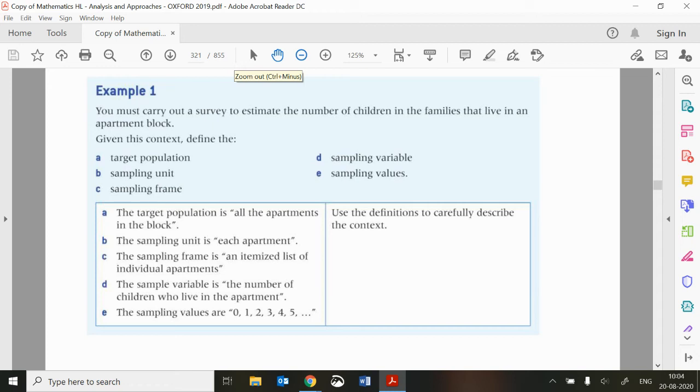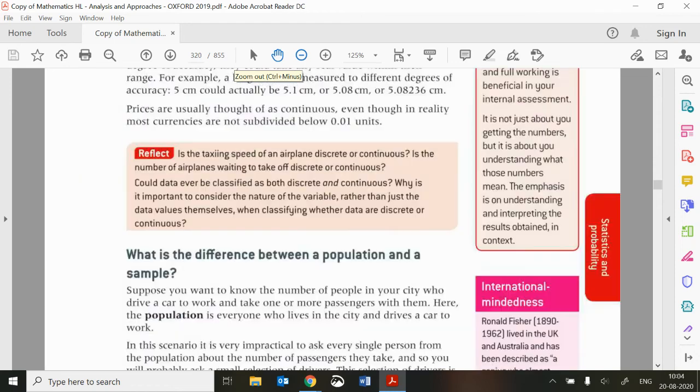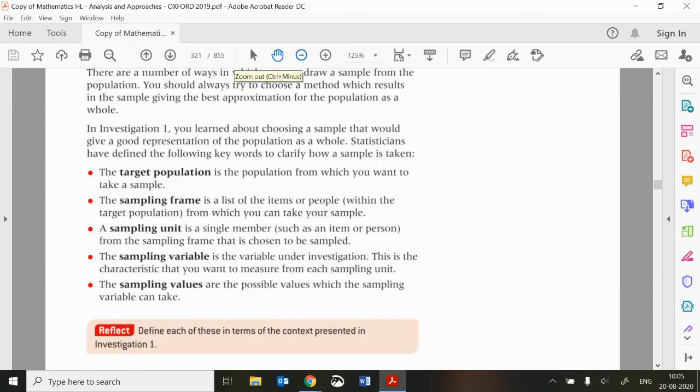That's interesting because I thought the sampling unit was defined. See what it says. Sampling unit is a single member from the sampling frame that is chosen to be sampled. Oh, well, in the definition there, it says it has been chosen to be sampled. But I think it should say that can be chosen to be sampled.